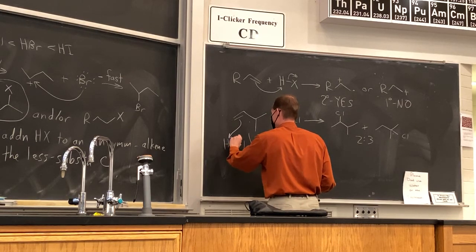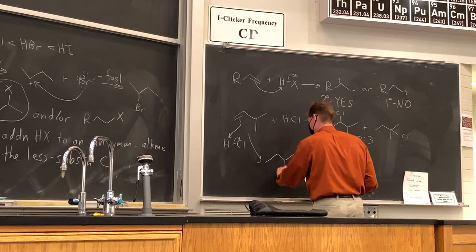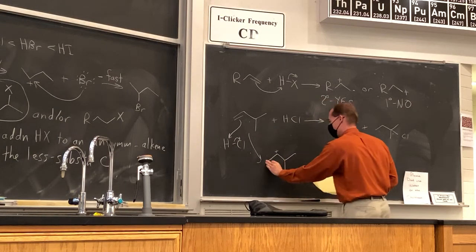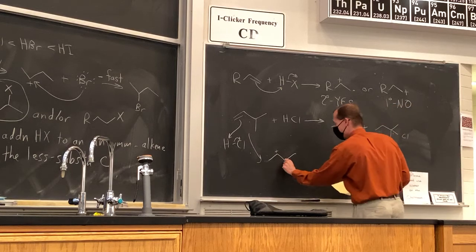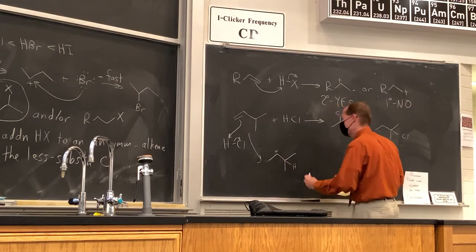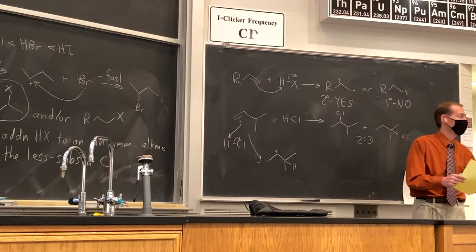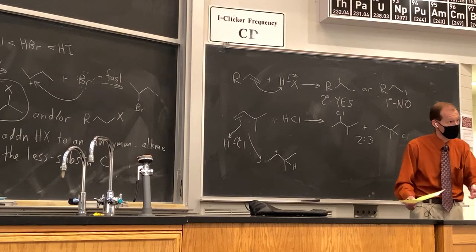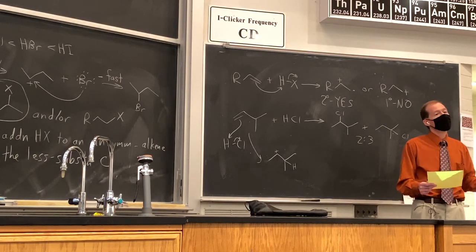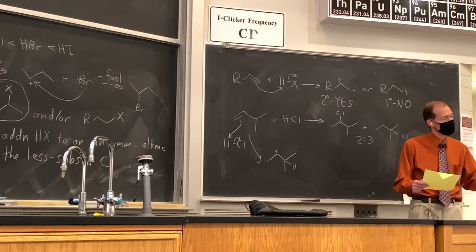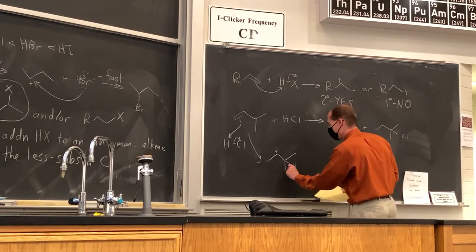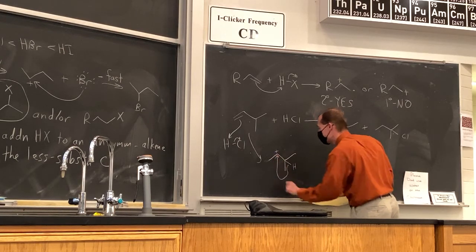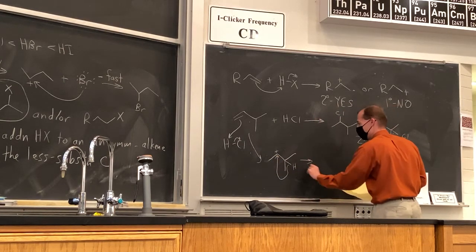We protonate the alkene, generating our secondary carbocation. But whenever we generate a carbocation, especially a secondary carbocation, we need to look at the adjacent carbons and see if there's a group that we could shift to give a more stable carbocation. And in this case, we can perform a hydride shift, shifting the hydrogen over.